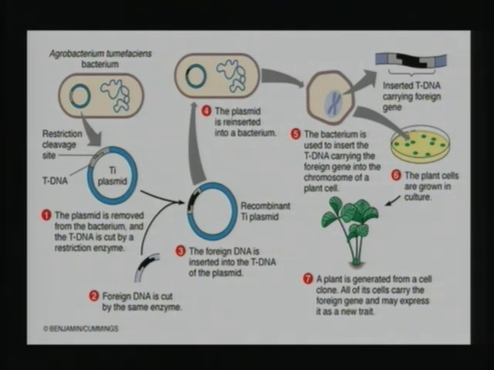And this Agrobacterium tumefaciens cell will enter through the wounds or the cuts into the plants, where it will integrate with the plant genome. As a result, the gene from one plant will be expressed in another plant.